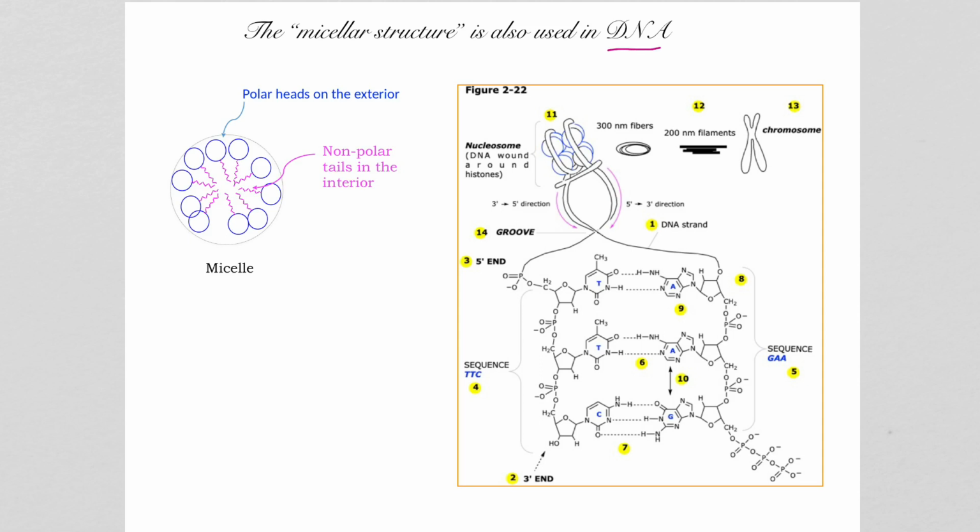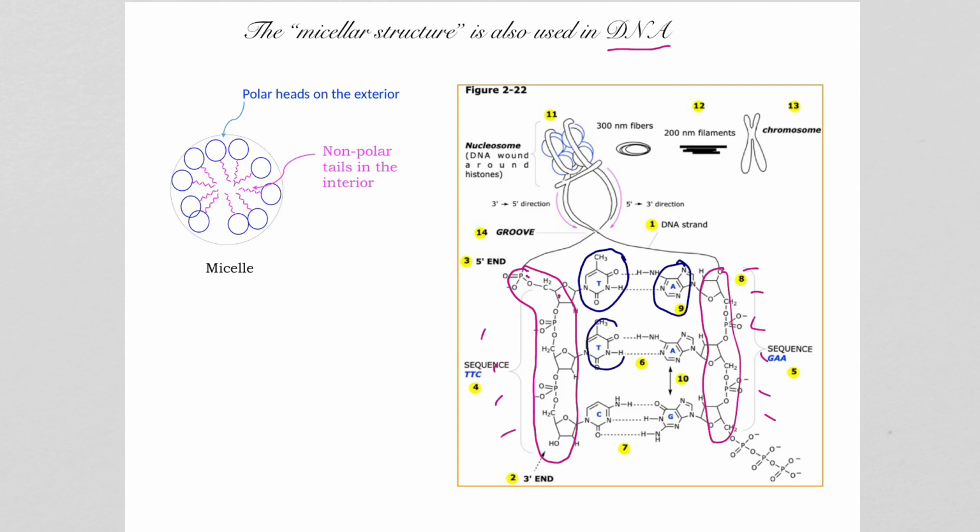Look at DNA, for example. In DNA, all the stuff that likes water is on the outside: your sugar and your phosphate, next to water. While on the inside are the aromatic bases of the nucleotides that we'll talk about in future videos. Things that don't like water are on the inside, things that like water are on the outside.